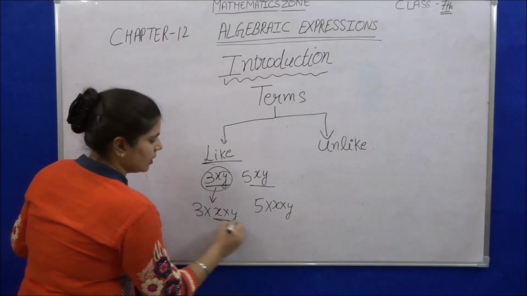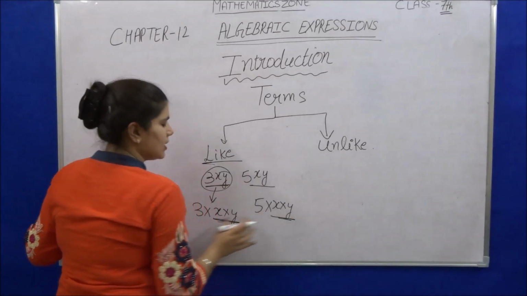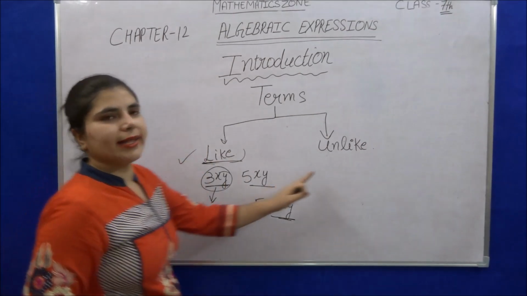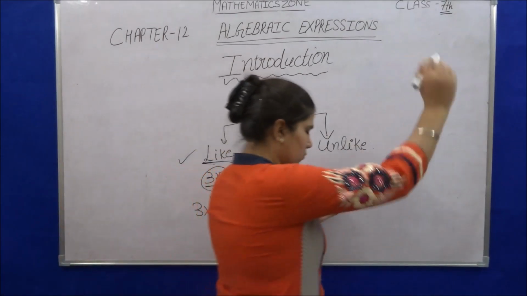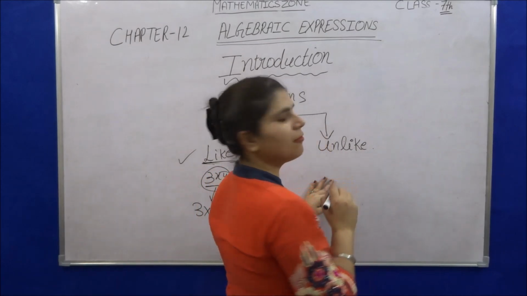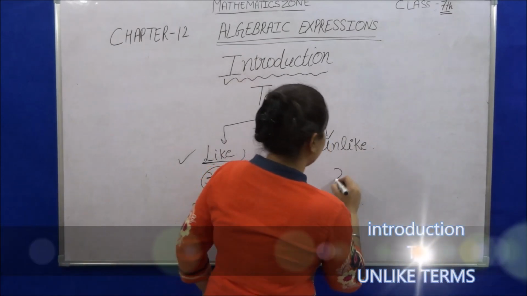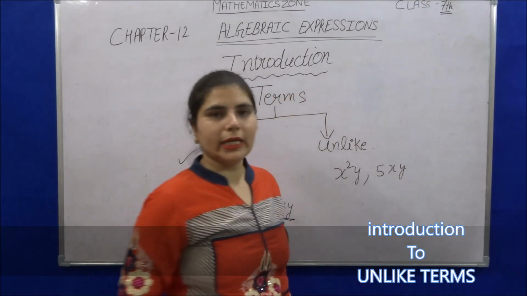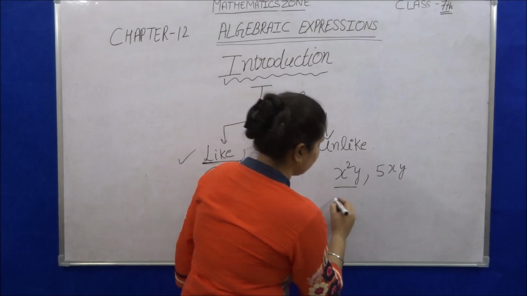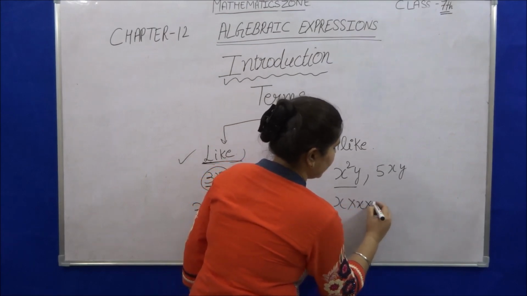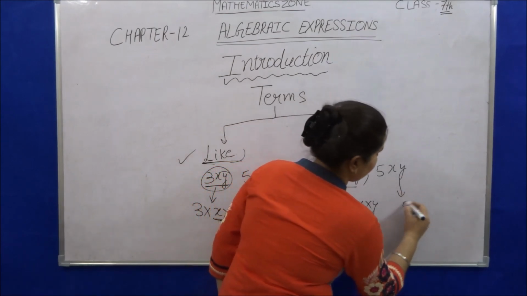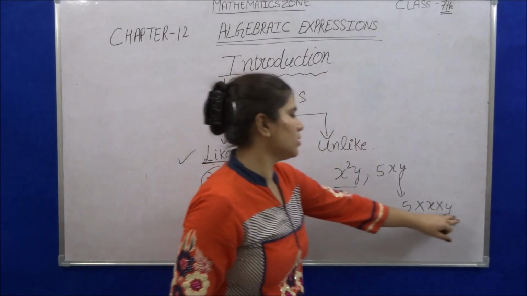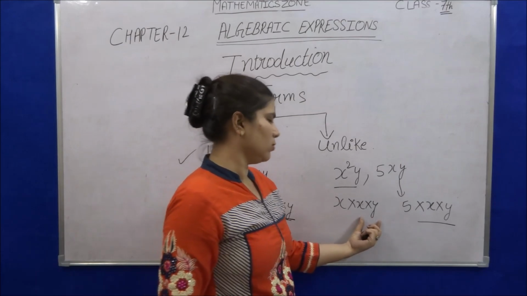The xy is the same, so these are like terms. Unlike terms are those which have different algebraic factors. For example, x square y and 5xy. Here x square y has factors x into x into y, and 5xy is 5 into x into y.